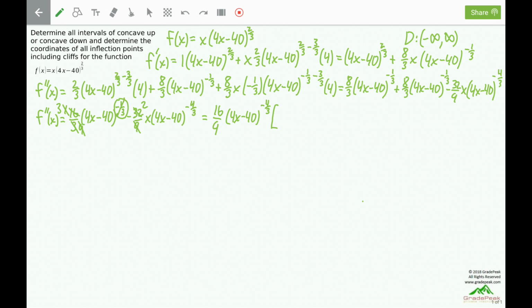So we will have a 4x minus 40, and then times the 3 that sits in front of it. For the second term, we'll be adding a 4/3. Negative 4/3 plus 4/3 is the power of 0. Anything raised to the power of 0 is a 1. And so that will just be a minus 2x. So we have a 3 times 4x minus 40 minus 2x.